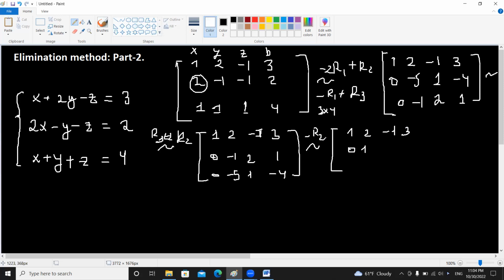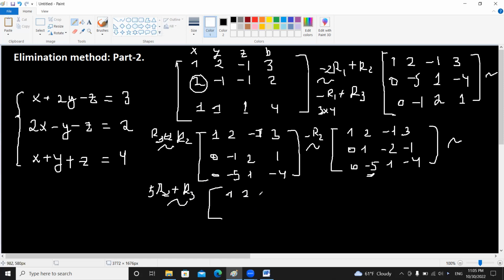So we get 0, 1, -2, -1, 0, -5, 1, and -4. So obviously we need to get 0 here. How can we do it? We can multiply the second row by 5 and add to the third row. So 5 times second row plus third row.